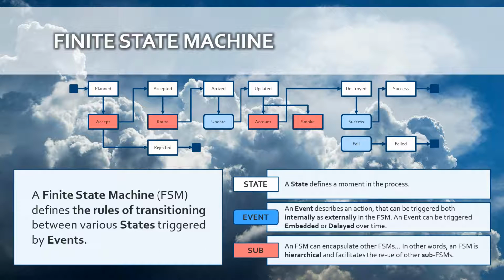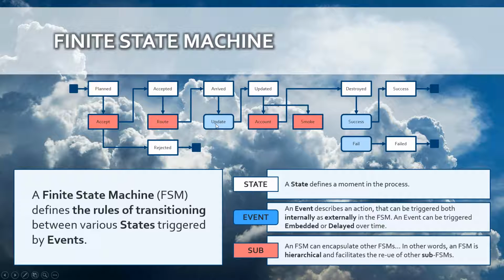This is an example of a finite state machine, graphically represented. The white boxes are states, the blue boxes are events, and the red boxes are sub-finite state machines. Now, a finite state machine defines the rules of transitioning between those states triggered by the events.